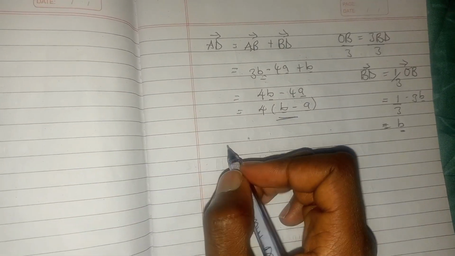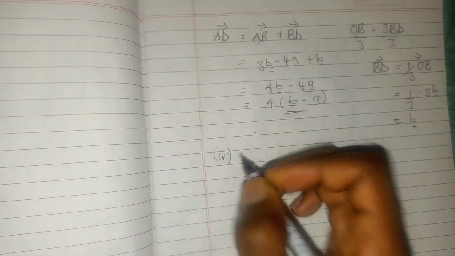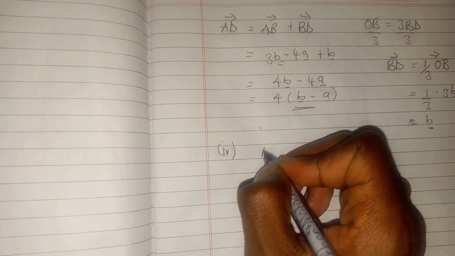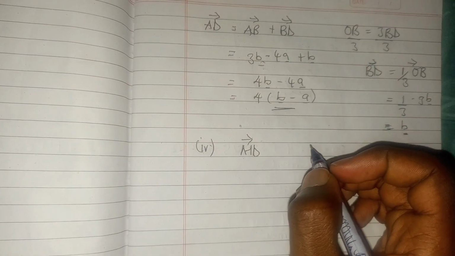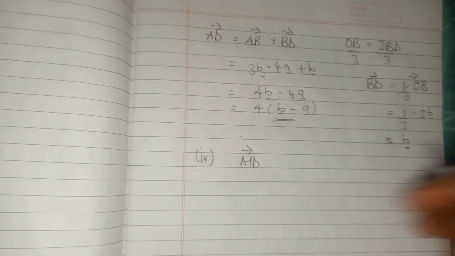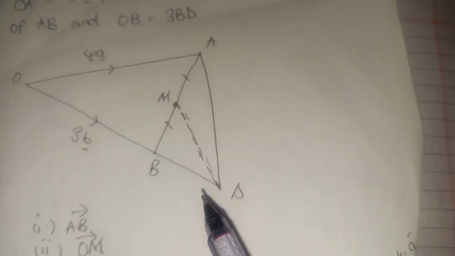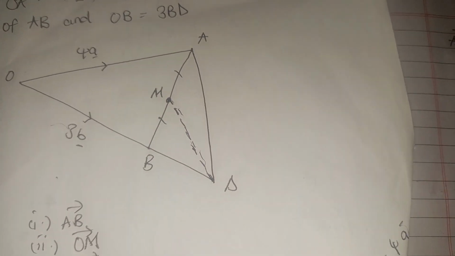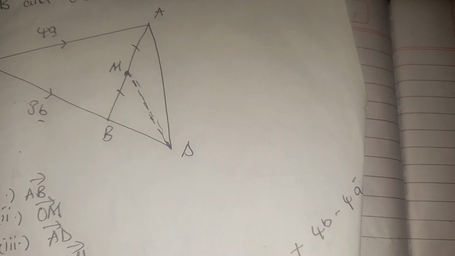And then we have our final question on vectors. It's asking us to find MD. So MD, which is that guy, can be found by MB plus BD. We know here that MB is half of AB.